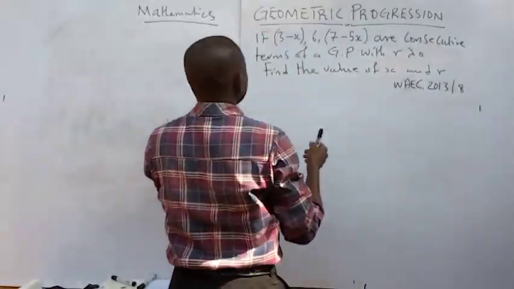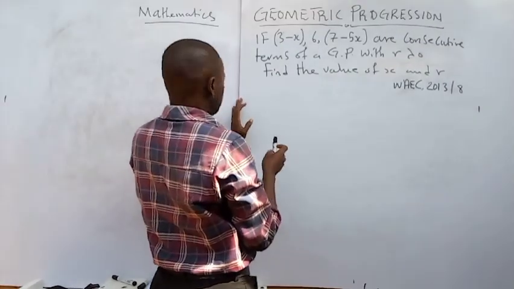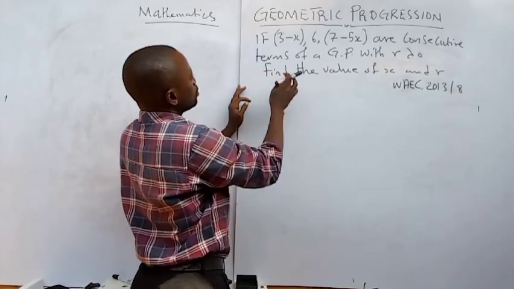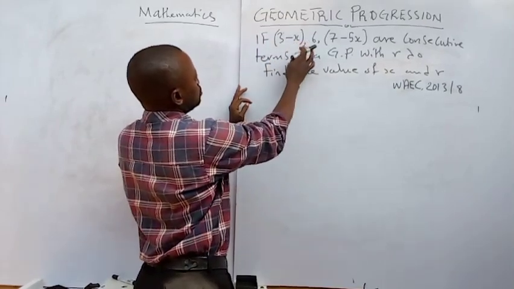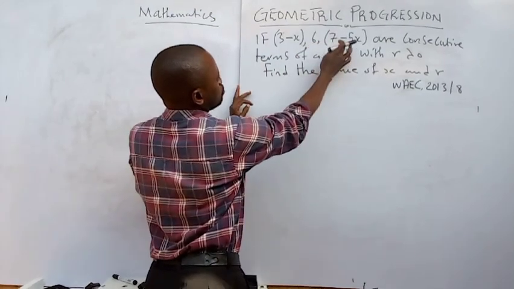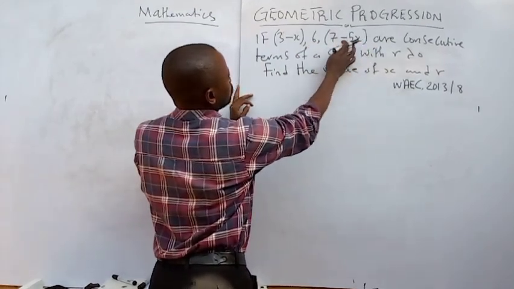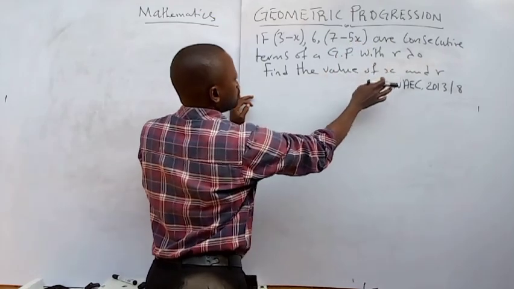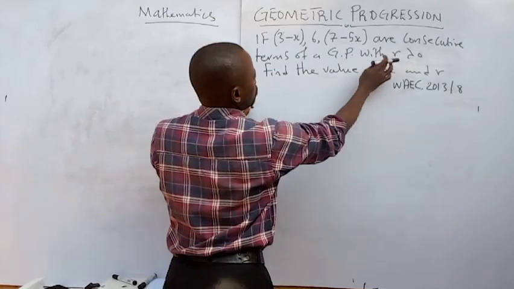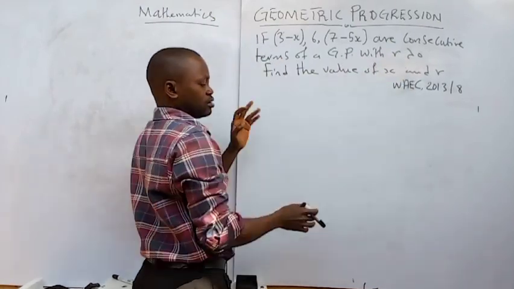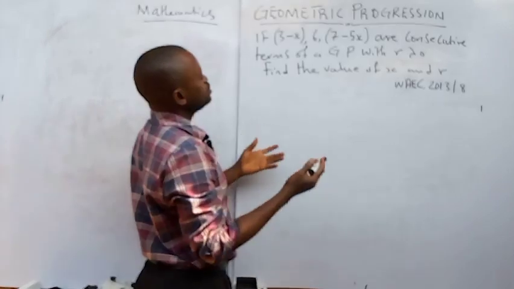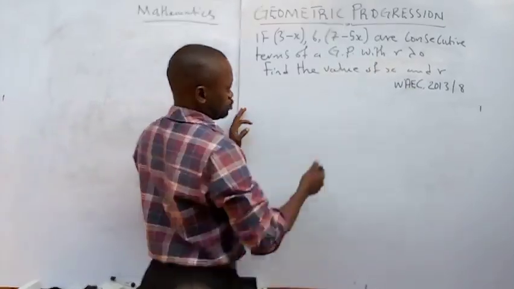In this question, the question says, if (3 minus x), 6, (7 minus 5x) are consecutive terms of a geometric progression, with r expected to be greater than 0, find the value of x and the common ratio.